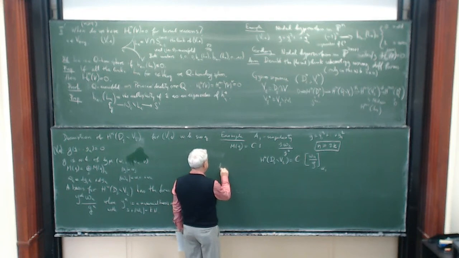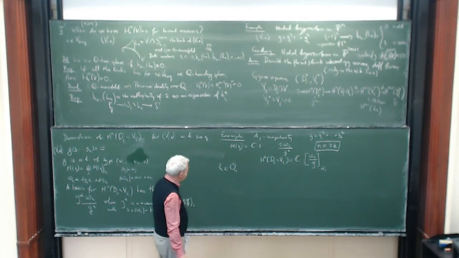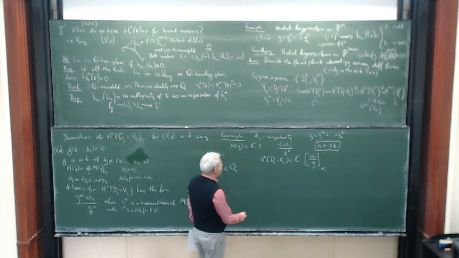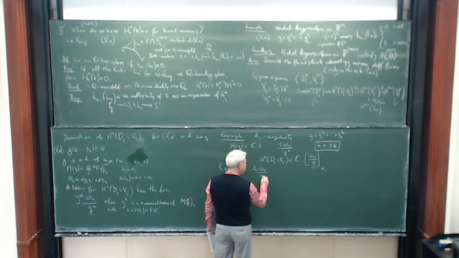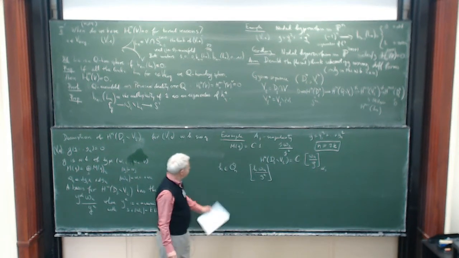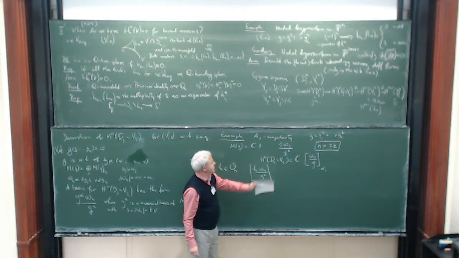Now assume that I have a germ in the local ring at the origin, an analytic germ, and I can ask myself what happens if I have this holomorphic germ defined on this manifold.